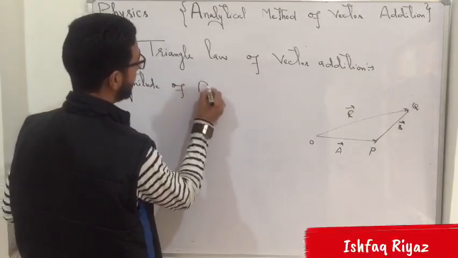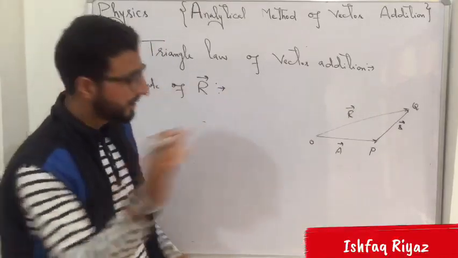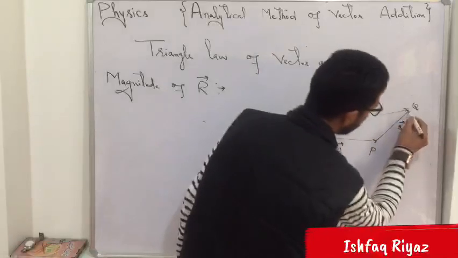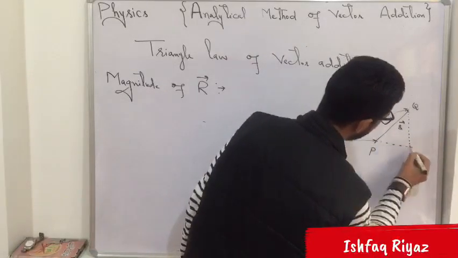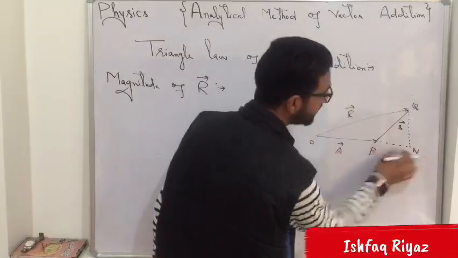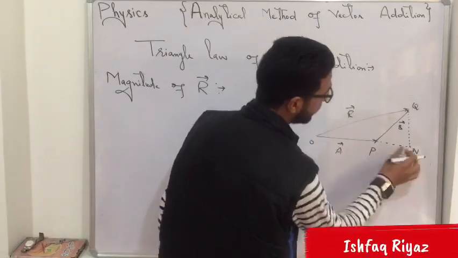How do we calculate the magnitude of R? For that, let me draw QN, where N is on OP produced. Let me draw QN perpendicular to OP produced.